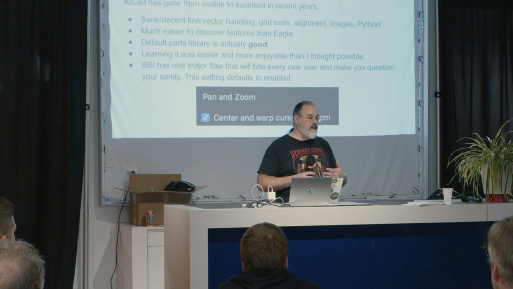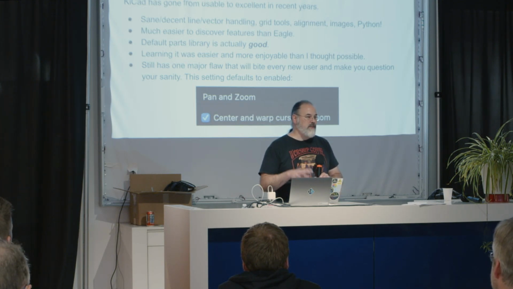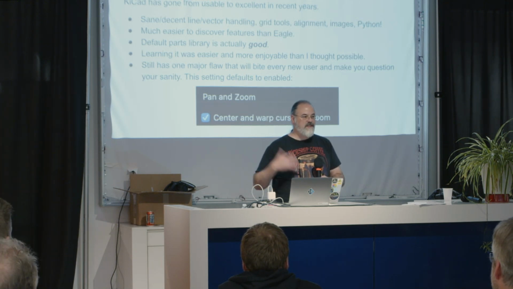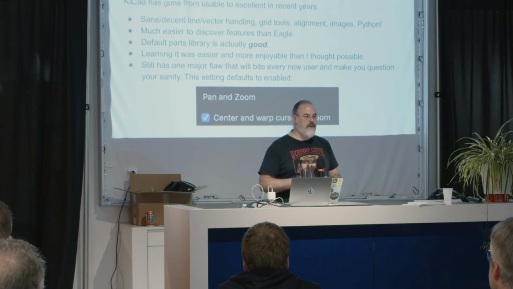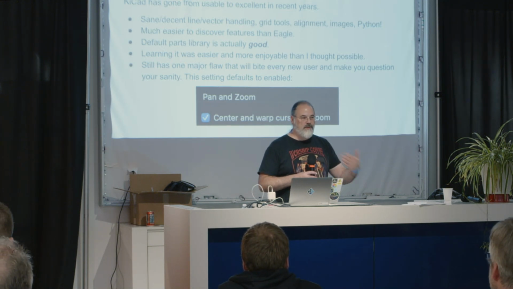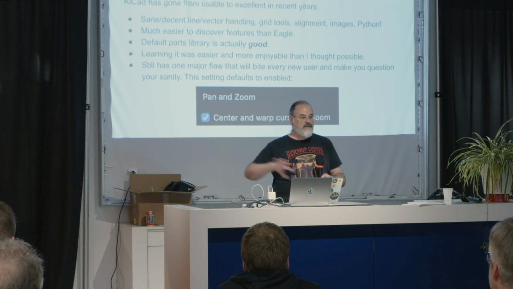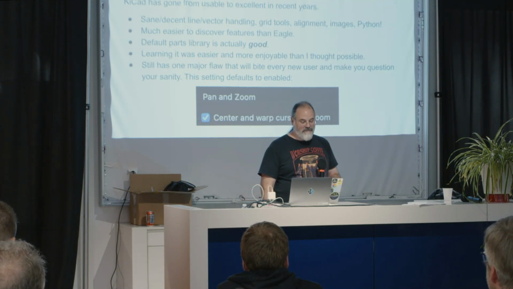And the default library with the parts is actually good. Most of the people I've talked to about Eagle and the parts library say no, skip it, just get the SparkFun parts library. There's a lot of excellent third-party libraries. But with KiCad, it's all right there. And it's good. It's not garbage.